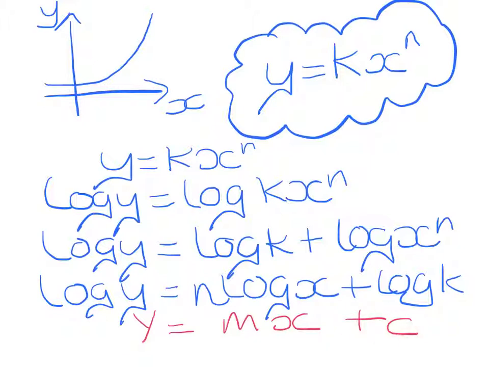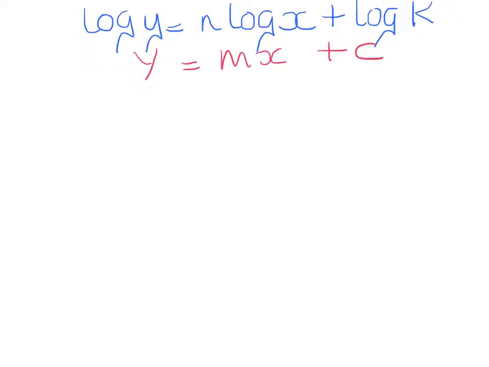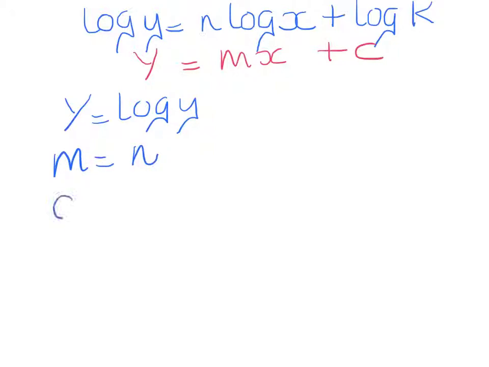And my constant term is the log of k. I'm going to relate those together and see that y is going to be the log of y, m is going to be n, and c is going to be the log of k.